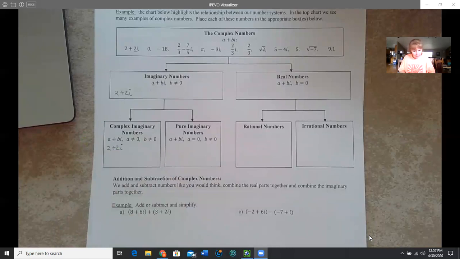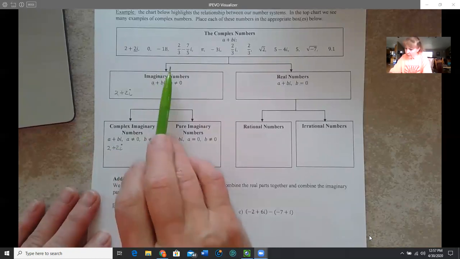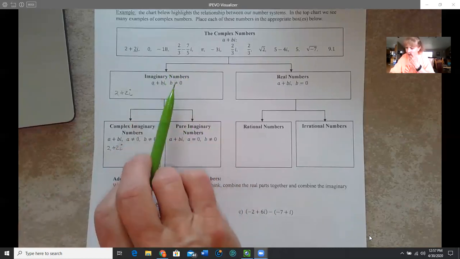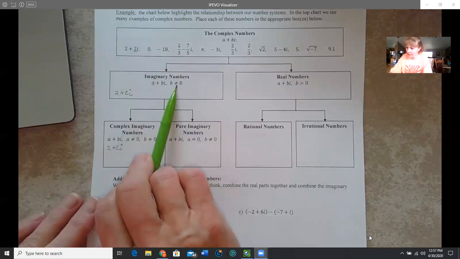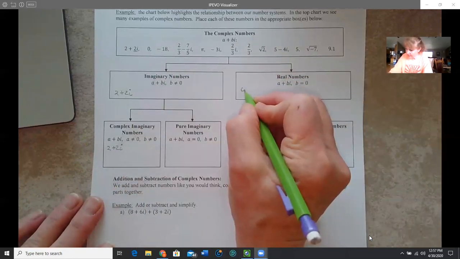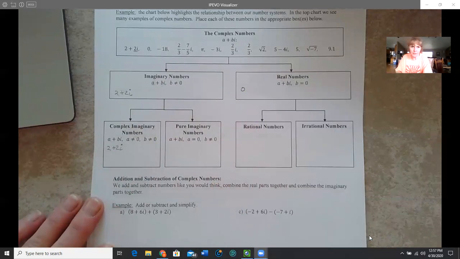All right, let's talk about 0. Where would we put 0? Well, this number does not have an imaginary part with it. So we're going to put 0 over here as a real number. It doesn't have an i.